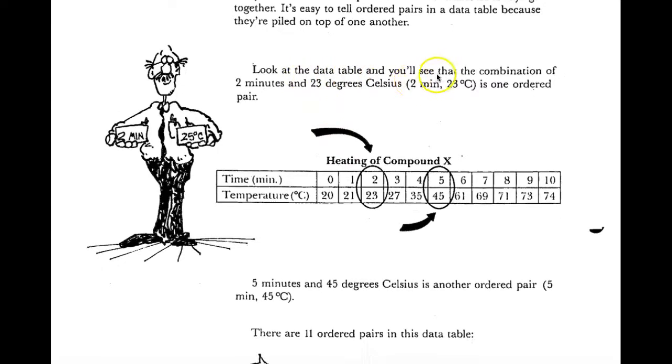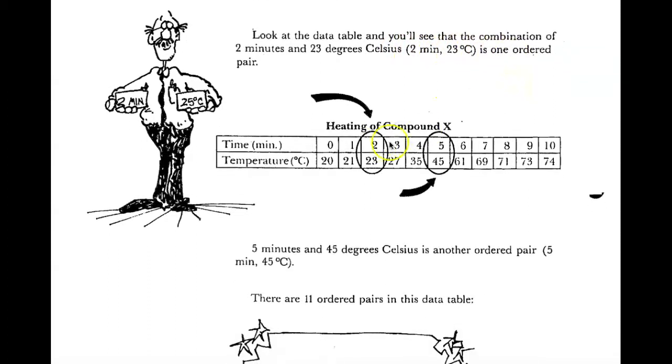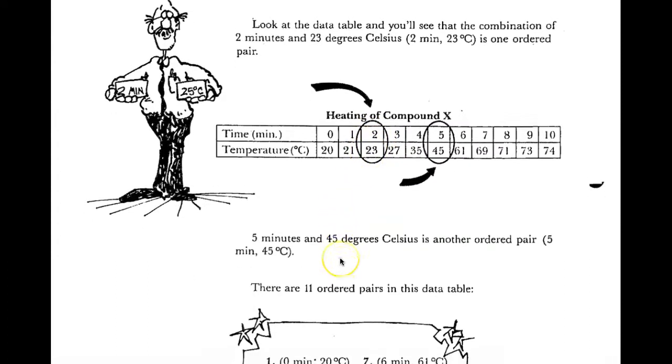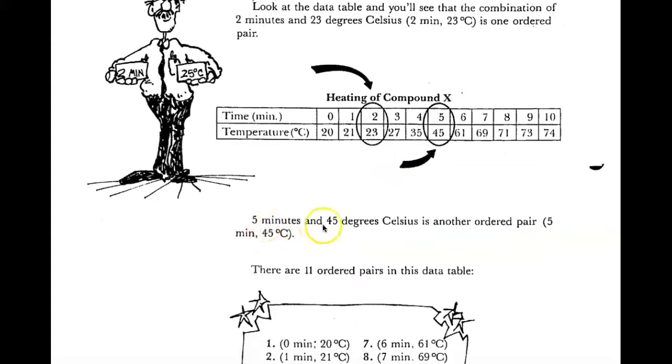Look at the data table and you'll see that the combination of 2 minutes and 23 degrees Celsius, 2, 23, is one ordered pair. And the next one, 5 minutes and 45 degrees, is written as 5, 45.